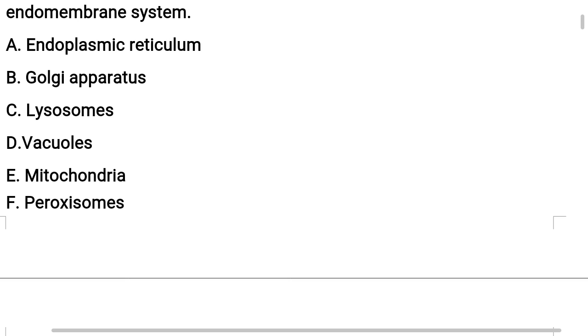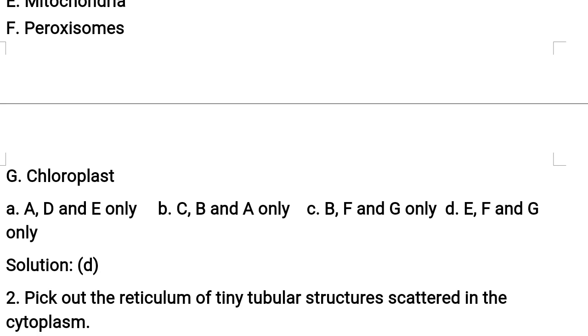All these four cell organelles are included under the endomembrane system. Understand? So the rest of the three cell organelles are not coordinated with the above components functionally. So these are not considered a part of the endomembrane system. Hope you understood the explanation for this question.